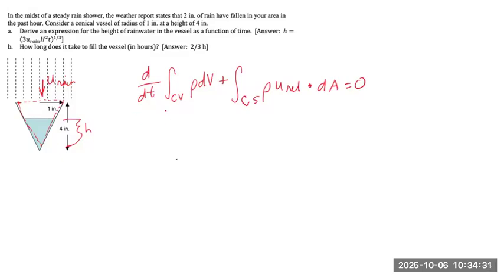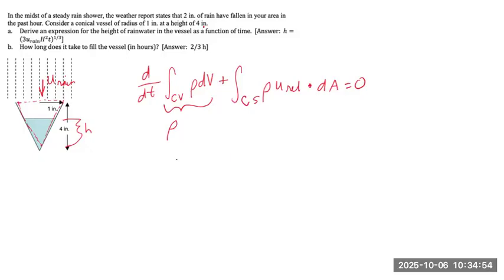So essentially, this value is going to be rho, the density of water, multiplied by the volume of water that is accumulating here. And this volume is the volume of a cone of height h, as we see over here.